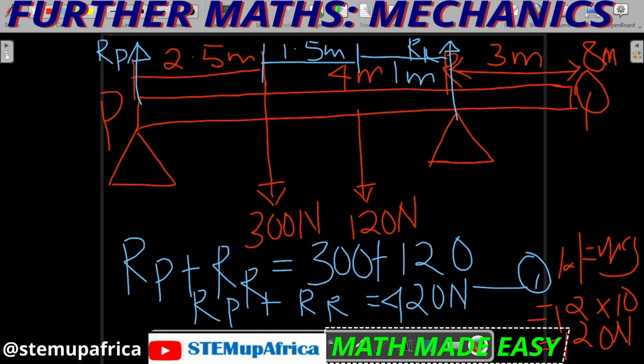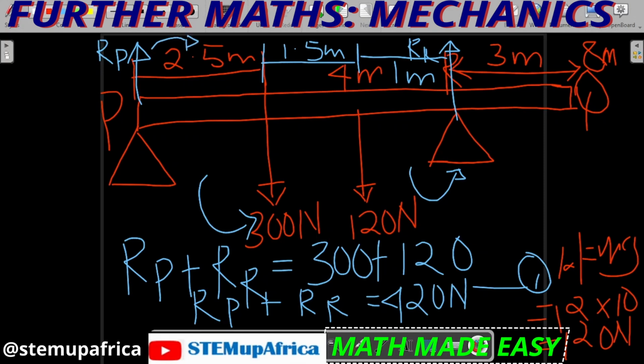So with this in mind, now we can take moments. It's your choice where you want to take the moment, because we have two supports here, support P and support R. You have to determine whether to take the moment at support P or at support R. It's your choice to make. So let's take the moment at point R. Meaning all the forces should come to R.